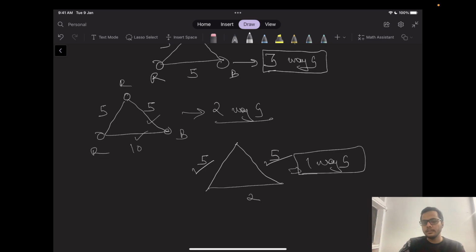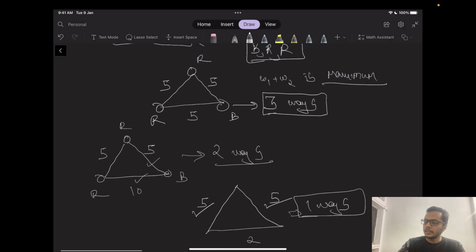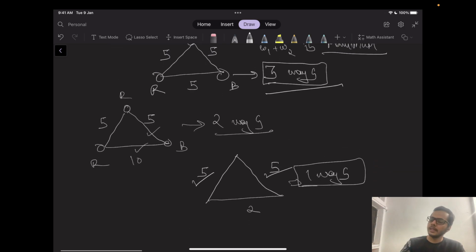The first case is that when all the edge weights are distinct, then there is exactly one way. The second case is that all the edge weights are the same, then there are three ways. The third case is that two of the edge weights are equal, and the third edge weight is greater than that value. In this case, there are two ways. And the fourth case is that two of the edge weights are the same, and the third edge weight is smaller than that value, in which case there is exactly one way.